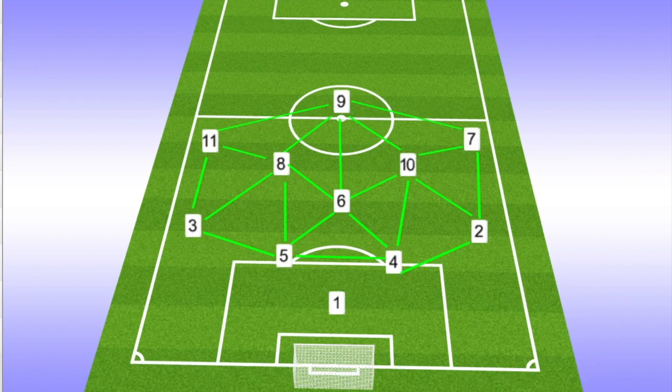So this formation is common with teams that like to keep possession. As you can see here, we have all the triangles that we can form with all the different players and all the different movements that this formation allows for us. So here we even have a diamond. If we connect our number 9 and our number 6, we can create a diamond with our number 8 and 10.